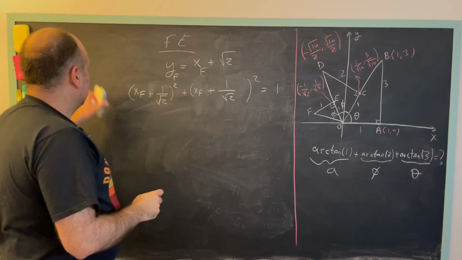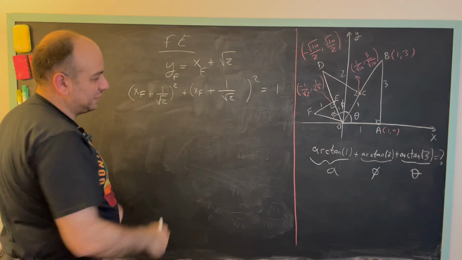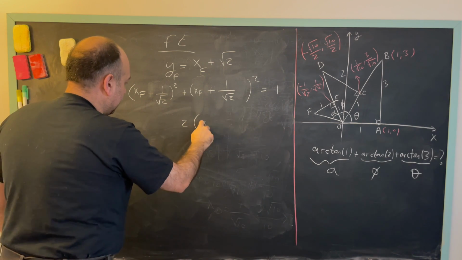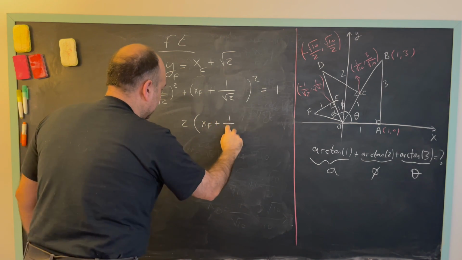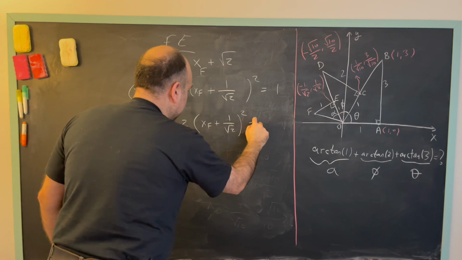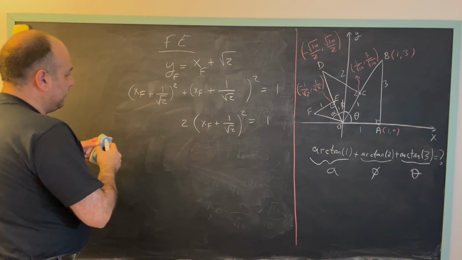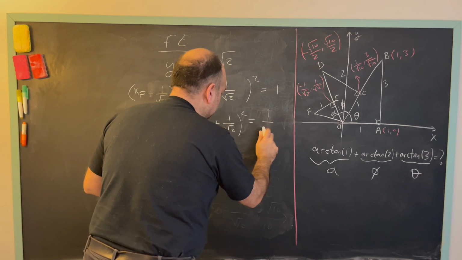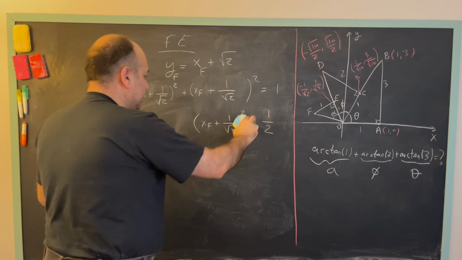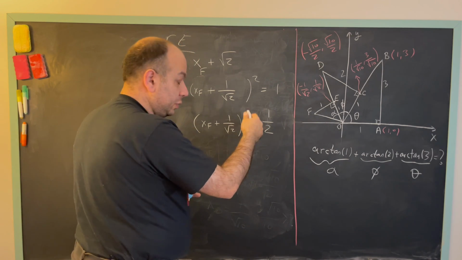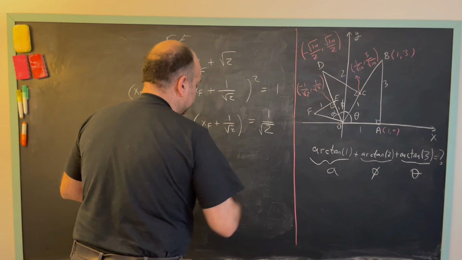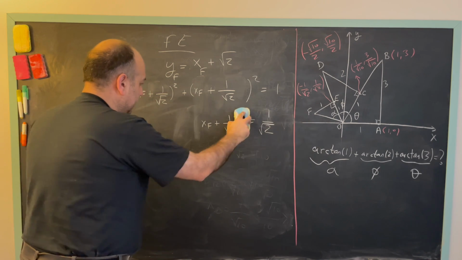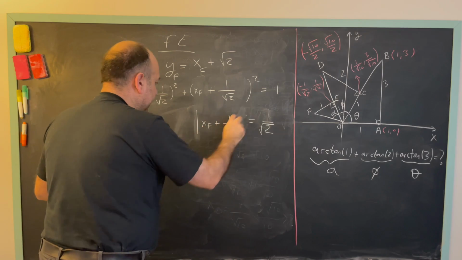Good. So basically these are the same, right? So I will have 2 xf plus 1 over square root 2, squared, is simply equal to 1. So I divide by 2 both sides, so this becomes 1 over 2, right? Then if I take the square root of both sides, this gives me the absolute value here, right?